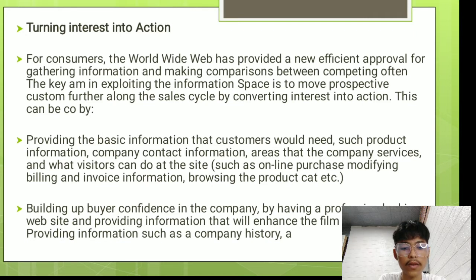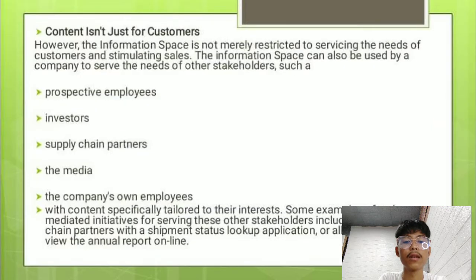Building up buyer confidence is done by having a professional-looking website and providing information that will enhance the firm's credibility, such as a company history. However, the information space is not merely restricted to servicing the needs of customers and stimulating sales.